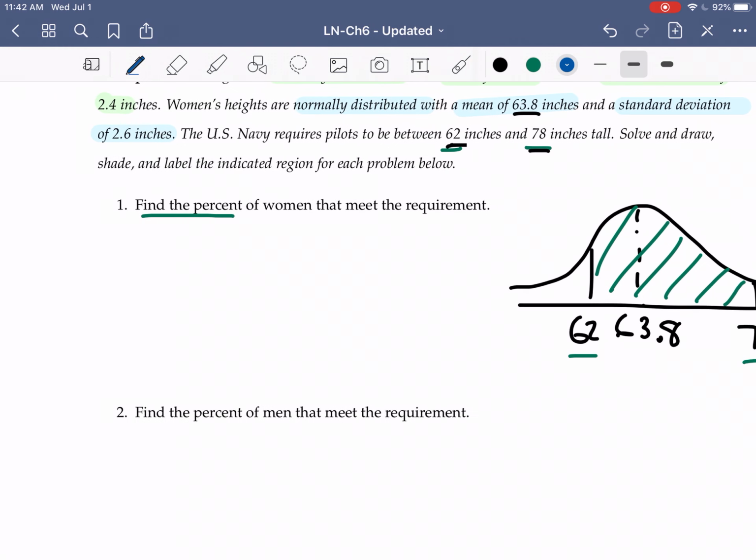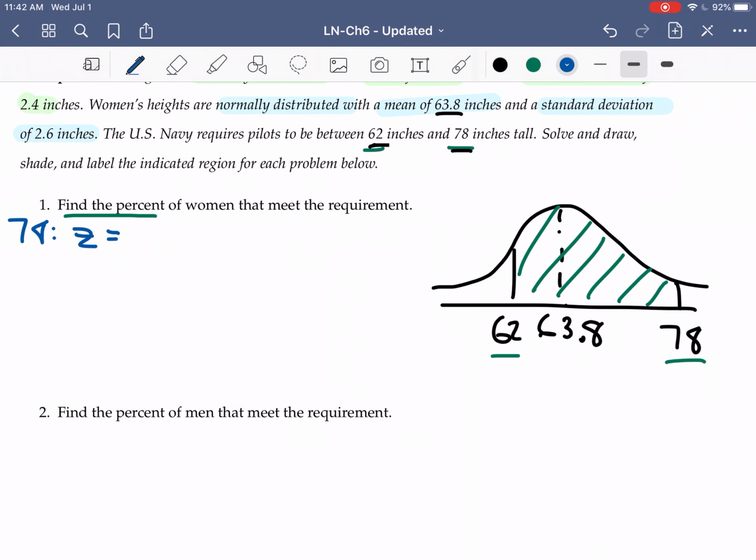So the z-score for 78, z is equal to the data value, so that's 78, minus the mean of 63.8 over the standard deviation. The standard deviation for women's heights is that 2.6.